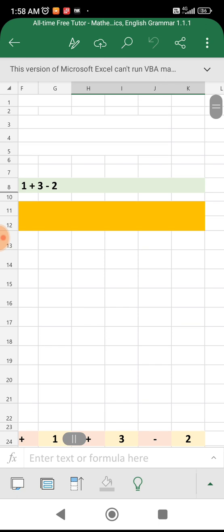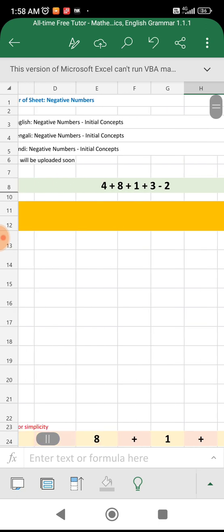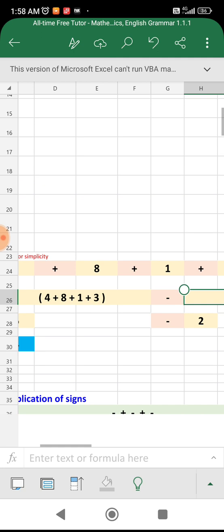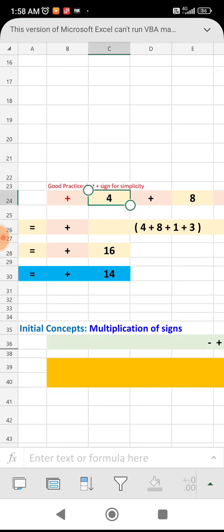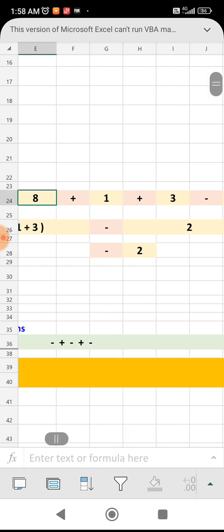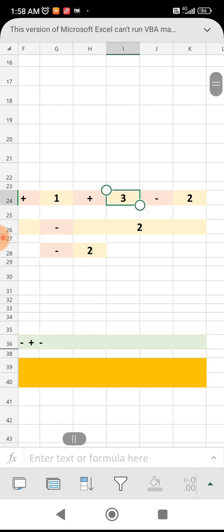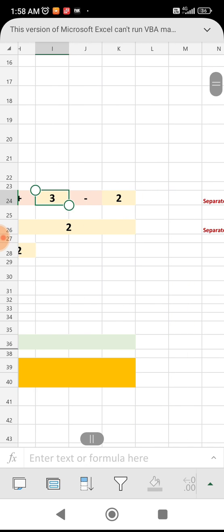Why? Because above these two it is minus, and 4, 8, 1, 3 are all positive numbers. Plus is before those numbers. Before the 4 it is plus, before 8 it is plus, before 1 it is plus, before 3 it is plus, only 2 is minus.